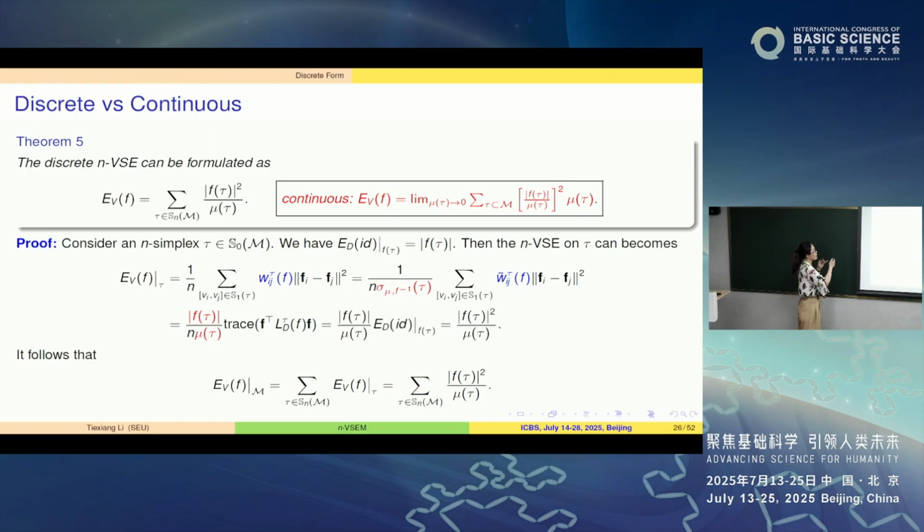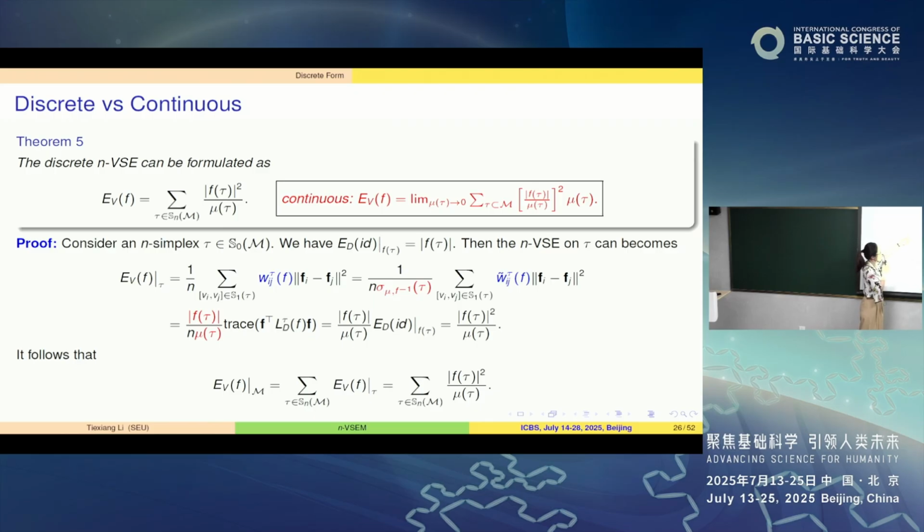Based on these formulas, we can rewrite the discrete version of the structure energy in this way. Finally, we can rewrite our structure energy as this one.